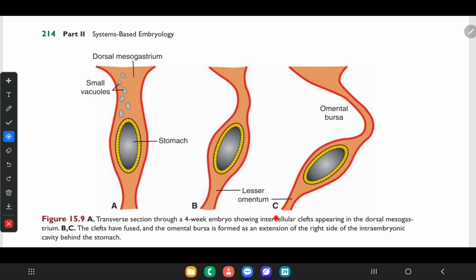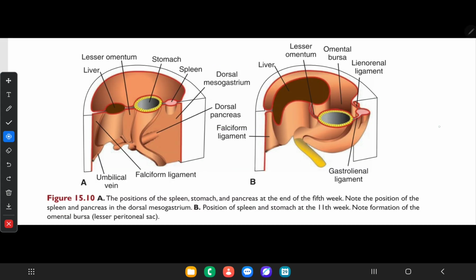As this process continues in the fifth week of development, the spleen primordium appears as a mesodermal proliferation between the two leaves of the dorsal mesogastrium. This is the spleen primordium, and it appears during the fifth week of development in the dorsal mesogastrium, dividing the dorsal mesogastrium into two parts.